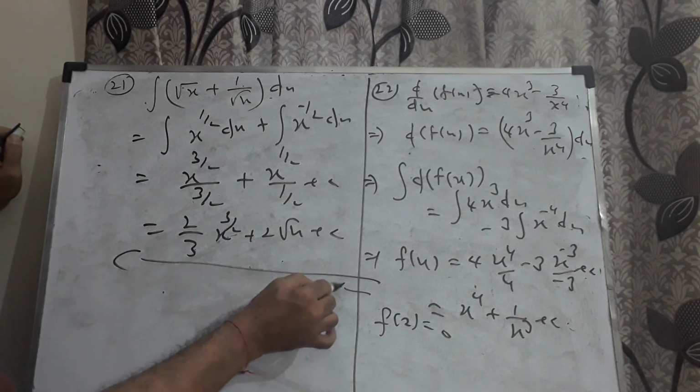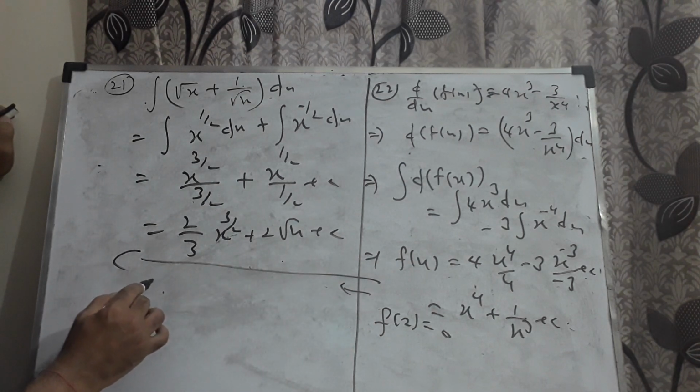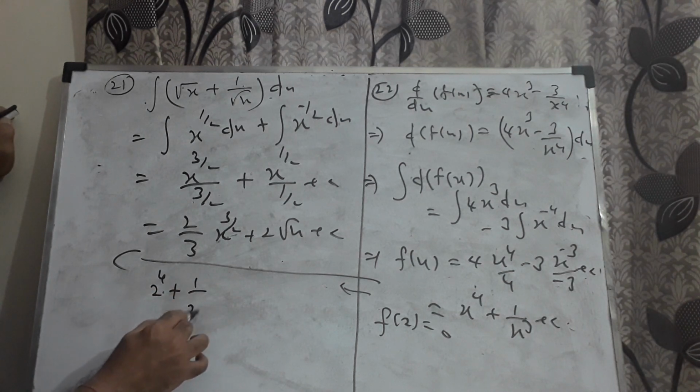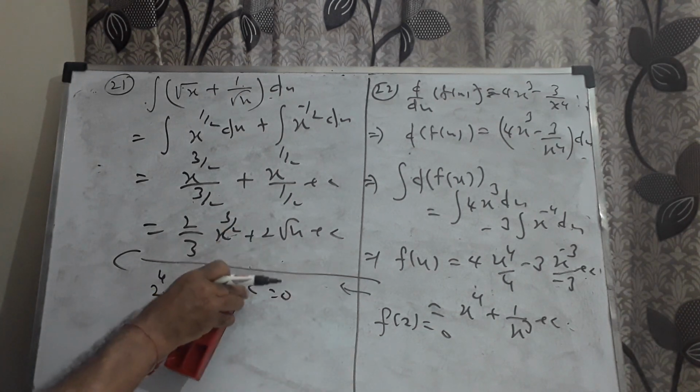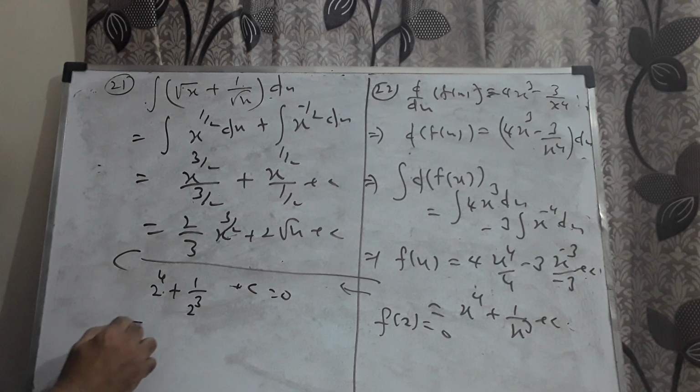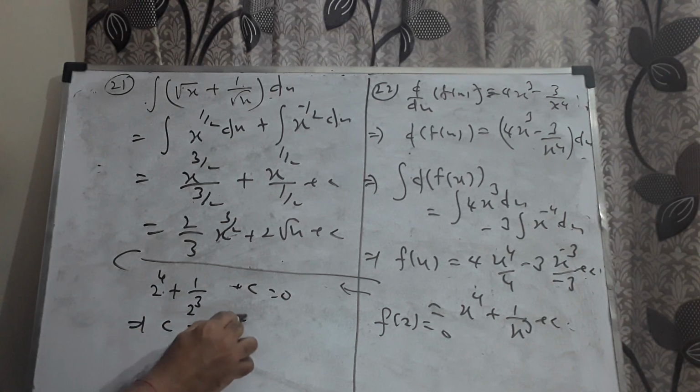Let me just continue here. 2 power 4 plus 1 by 2 cube plus c is equal to 0. Just wait. I mean to say c happens to be minus of 16 plus 1 by 8.